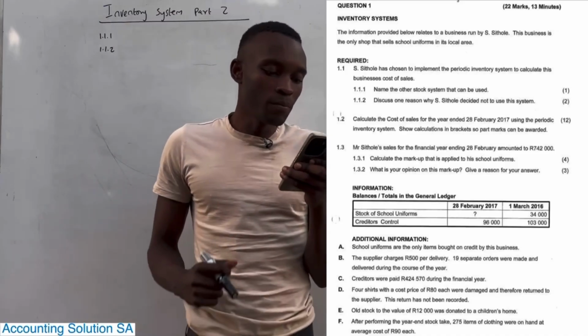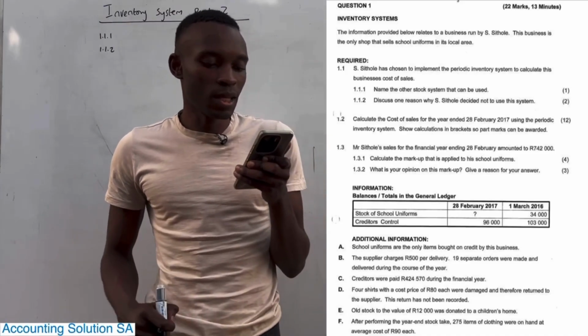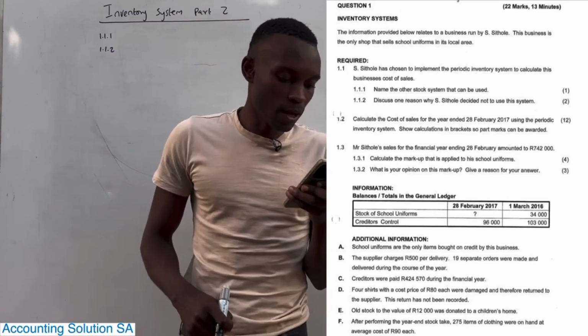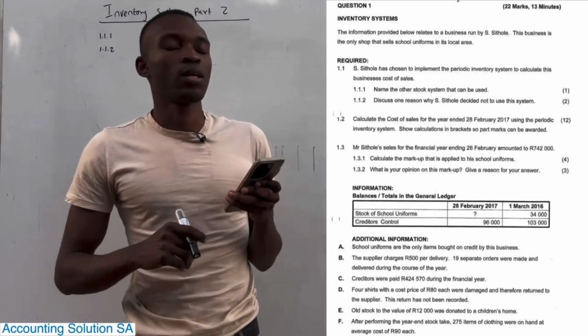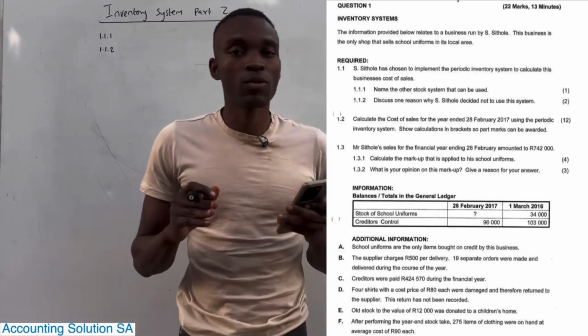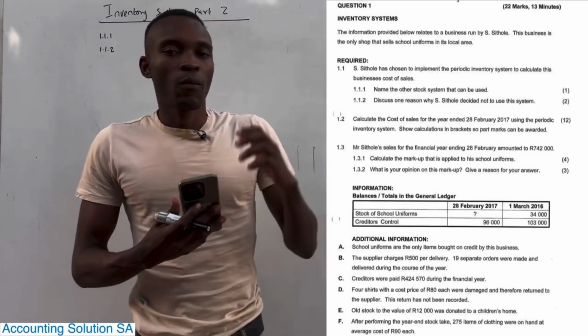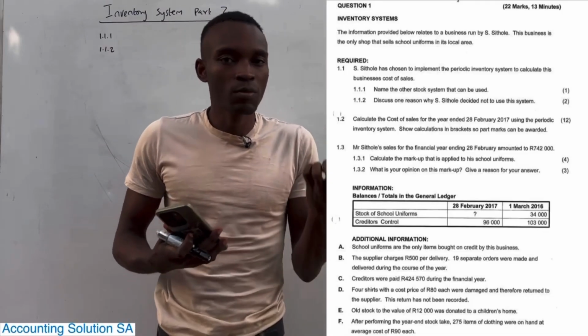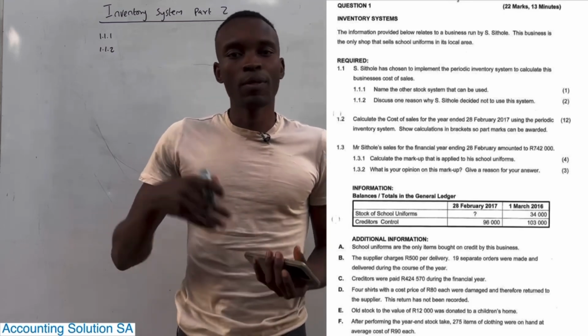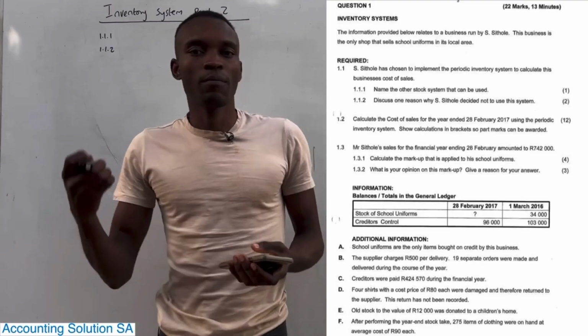Okay, then the required 1.1. S. Sithole has chosen to implement the periodic inventory system to calculate this business's cost of sales. I have already explained in the previous video that the periodic inventory system is used by small businesses, and perpetual is another method which is used by big companies.